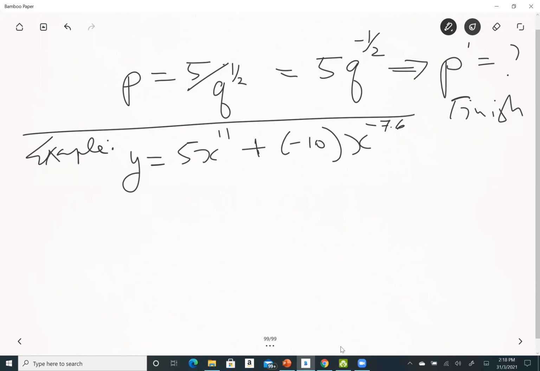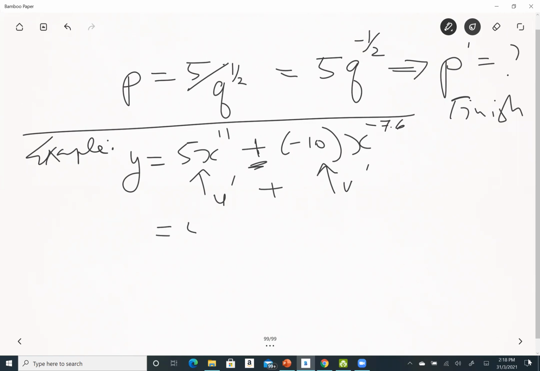This is a sum, because you have a negative and a positive sign there. So you differentiate u prime, and then differentiate v prime, maintaining the sign.